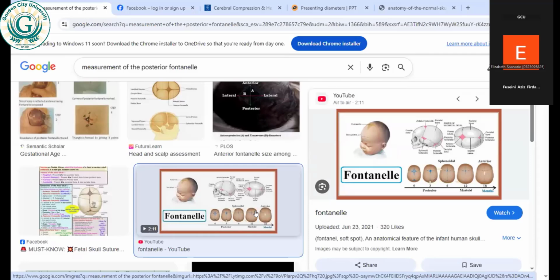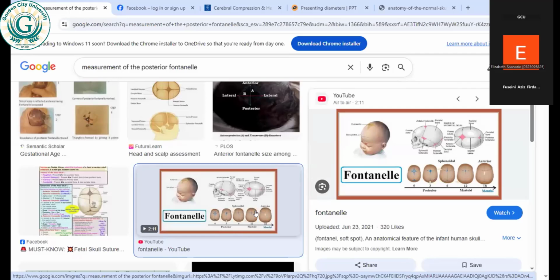There are two types of fontanelles, the lambda and the bregma. The bregma is the anterior and the lambda is the posterior.